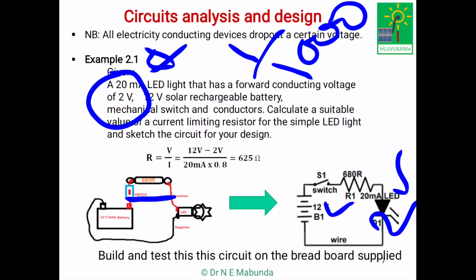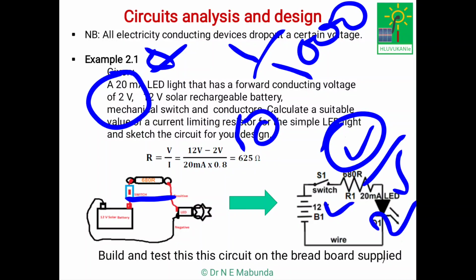Now, we limit the current through the LED by a resistor. We need to make sure that it doesn't stop every current, but limits enough. So we'll have to find the voltage across it. The voltage is gonna be 12 minus 2, which is the remaining 10. To get resistance from voltage, we divide by current.